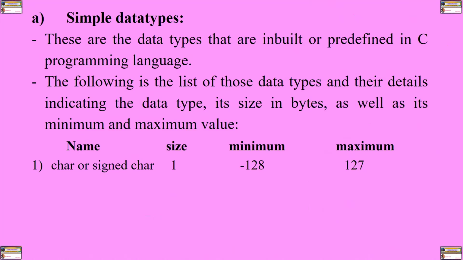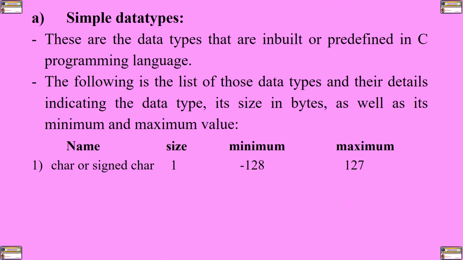Now the minimum value that char can accommodate is negative 128 and the maximum is 127. So this simply means that the content of a char memory location can be any value between minus 128 on the lower side to a maximum of 127.